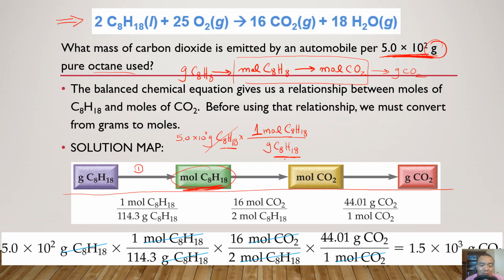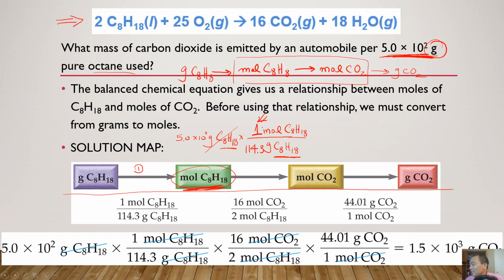You look up the atomic mass and total them up, you'll find out it's 114.3. So why do we use 1 over here? Because this relationship is molar mass, and molar mass is always defined as 1 mole is formula mass grams.